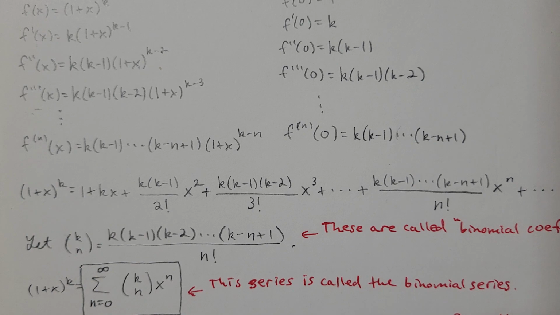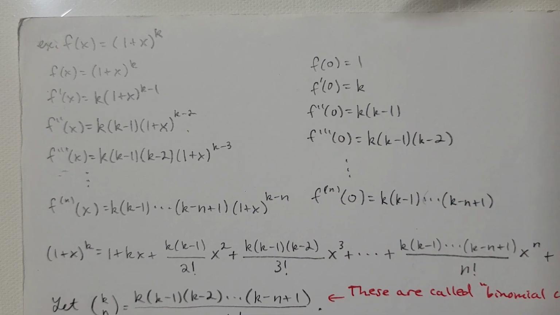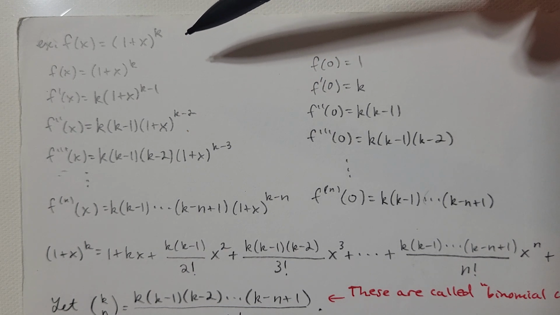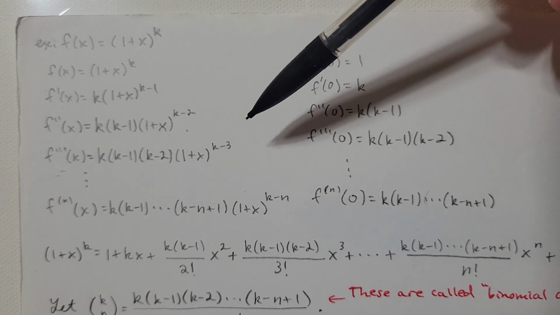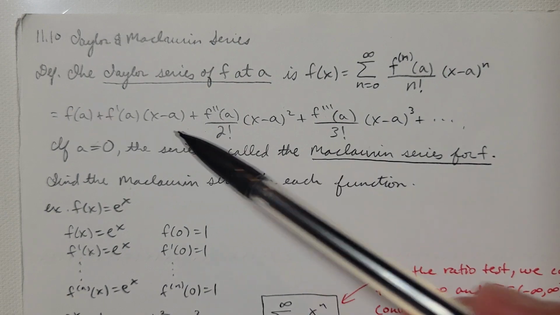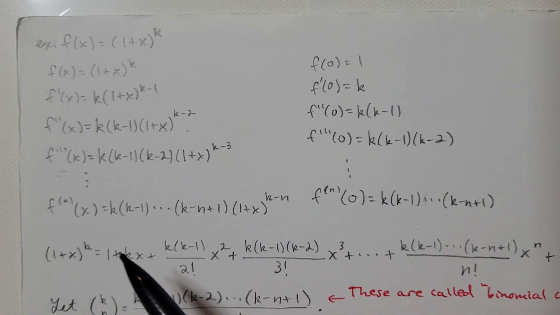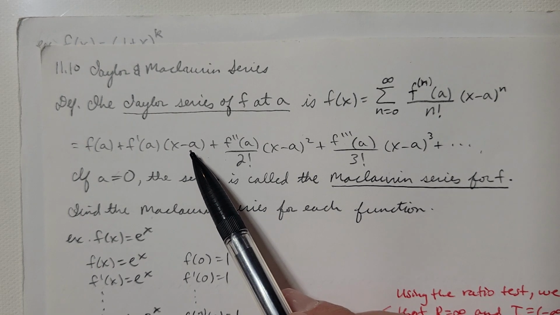Okay, so now I'm finding a Maclaurin series for 1 plus x to the k power. Okay, so 1 plus x to the k power is equal to, here's the Maclaurin series. Again, a is 0, so I got f of 0, which is 1, plus f prime of 0 times x minus 0.